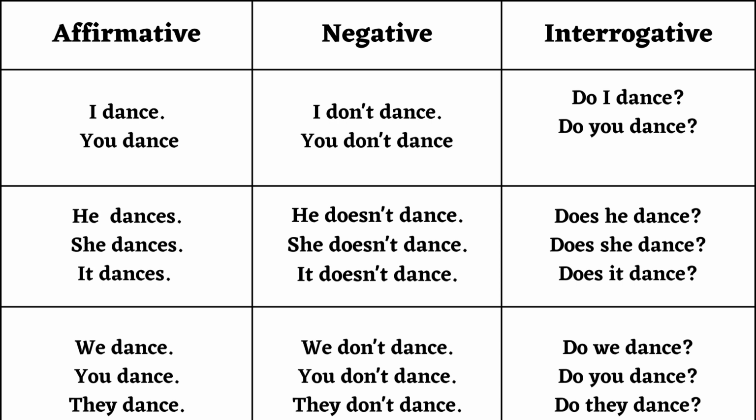Do they dance? Just like in the first person where we said I don't dance, and then when we asked it was do I dance, it is almost similar to the third person where we say we don't dance, do we dance? I hope that this is clear, but if you have any question, please feel free to post the question down in the comment section and I'll be sure to reply to it.